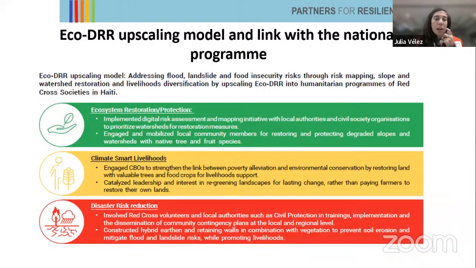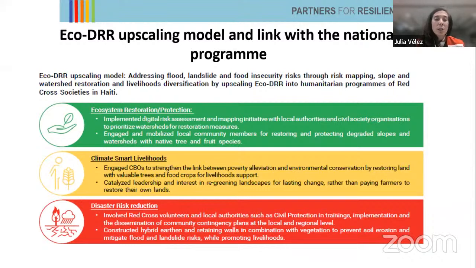Also on climate-smart livelihoods, they have worked on crop production, introducing good agricultural practices to avoid land erosion. Women also work on vegetable growing and apiculture, which is key for biodiversity and is a key income generation activity.